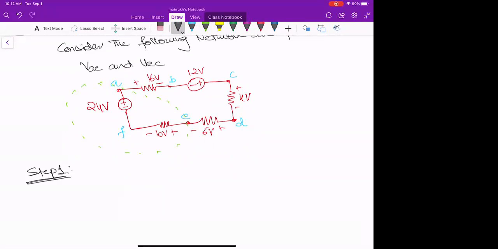for my ease, I will draw the loop, okay? That's how the current is flowing.